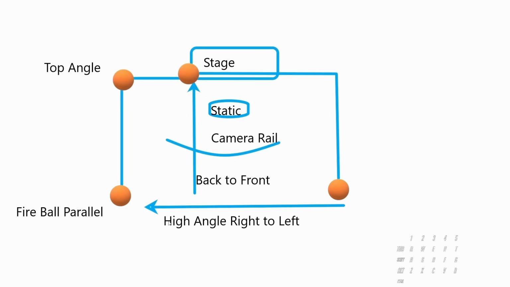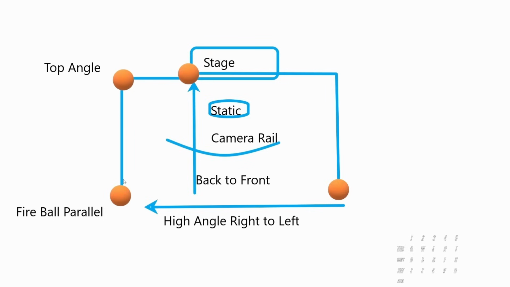The fifth one is top angle. Once the fireball reaches here, the camera will focus from top to low angle. We will place it on top of the fireball and then the camera follows that fireball till here, something like from here to here.